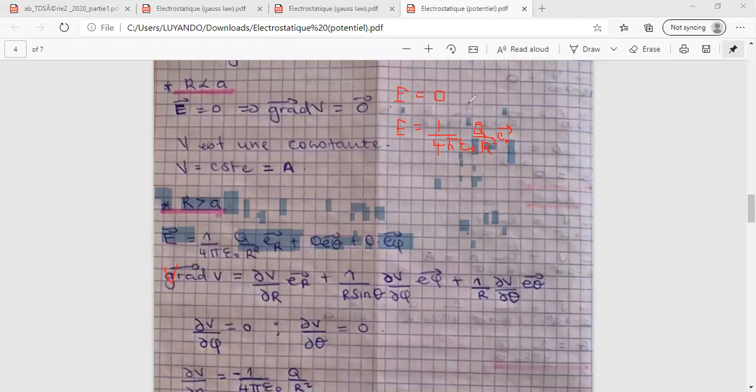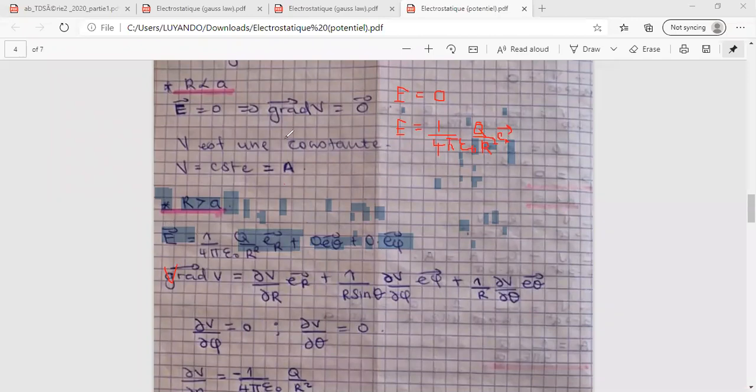Now we're dealing with spherical coordinates, so our E is equal to 1 over 4 pi epsilon 0 R squared in the direction ER, plus 0 because we have nothing in the E theta direction, plus 0 in the E phi direction. So we have E equal to this in the ER direction.